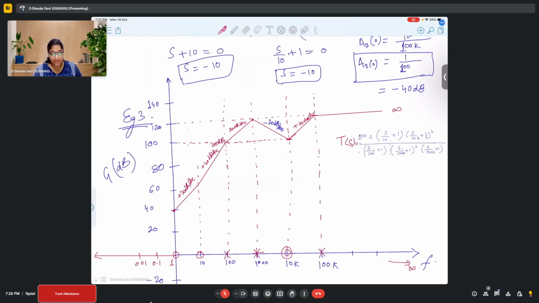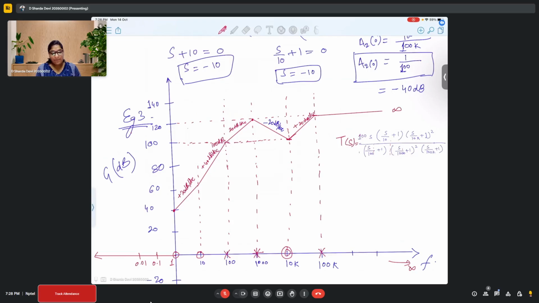So if there is no zero crossover frequency, then what about the stability? We cannot find out about the stability.